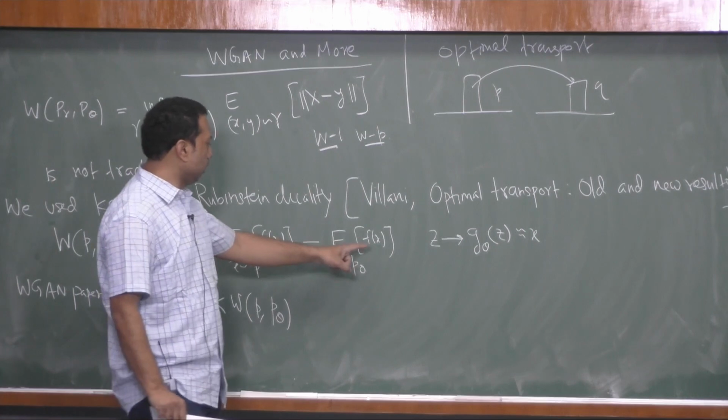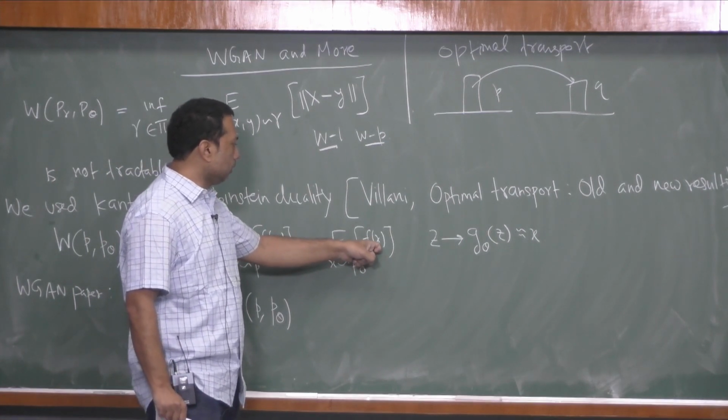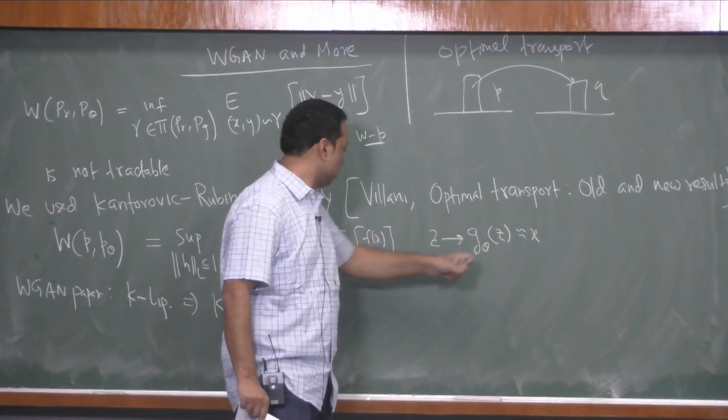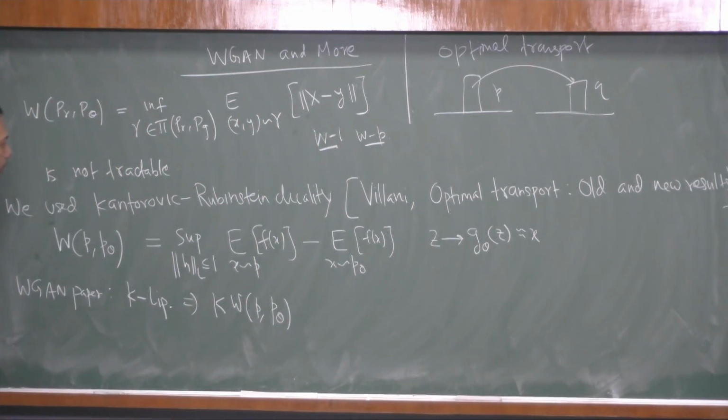So the trick is to replace x by g theta z, and we learn g theta z by optimizing theta. Overall, f will start acting like a critic. It will say whether it's a good sample or not so good sample. That's the key thing here.